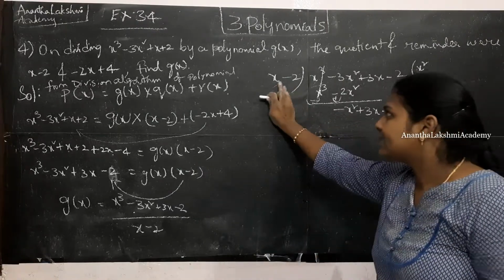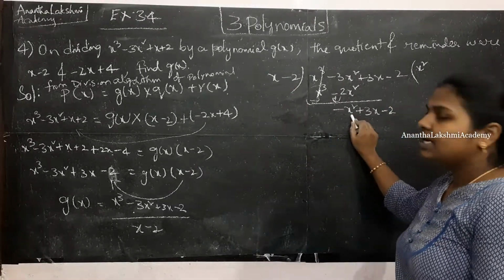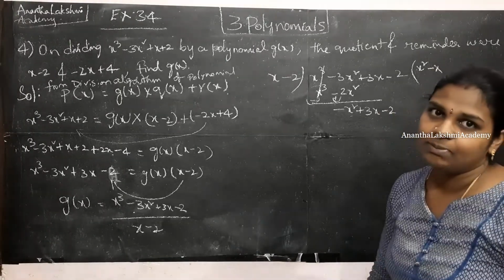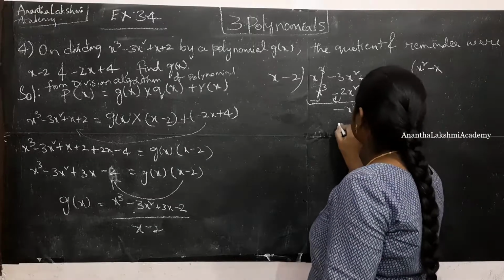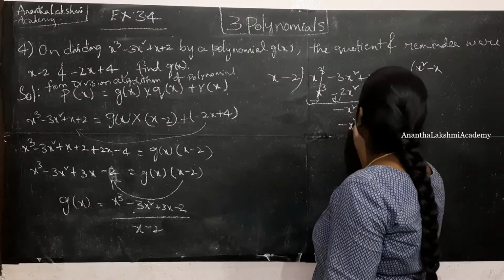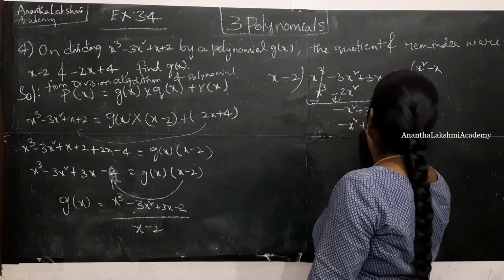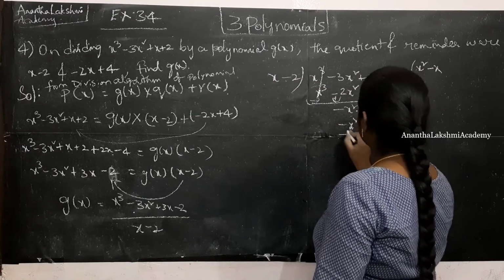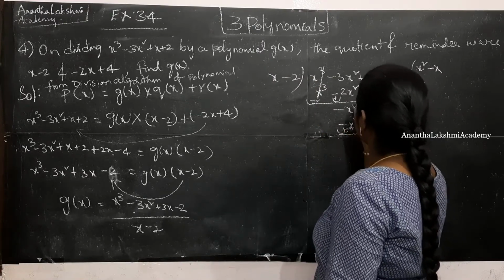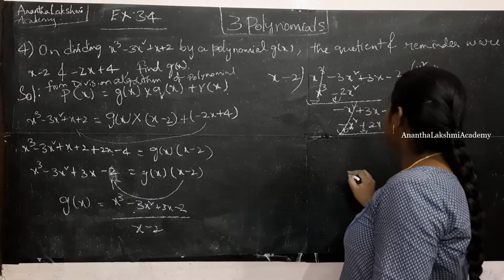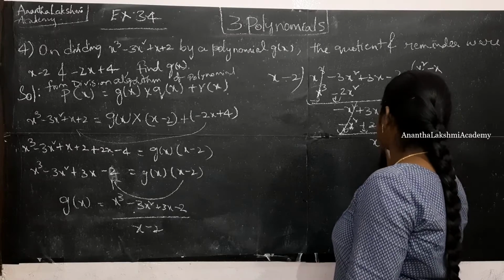Now we have x in the divisor, but we need minus x square here. So let us multiply it with minus x. So that becomes minus x square. Minus x multiplied with minus 2 is plus 2x. That way, as the signs change, x square gets cancelled. 3x minus 2x is x, minus 2.